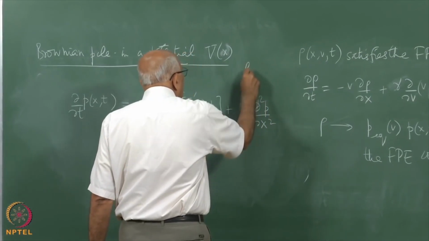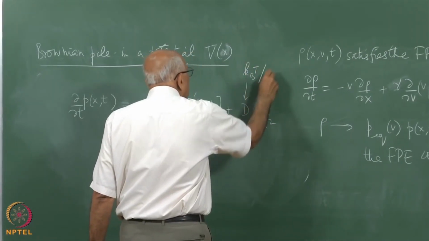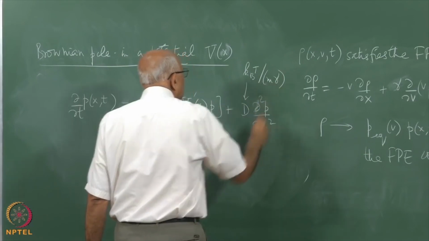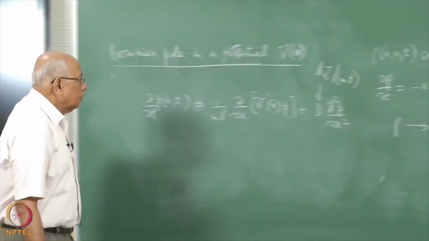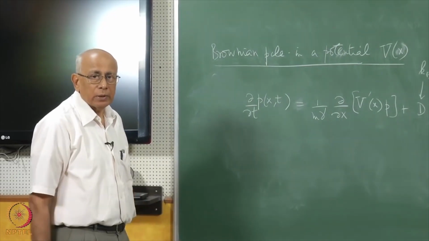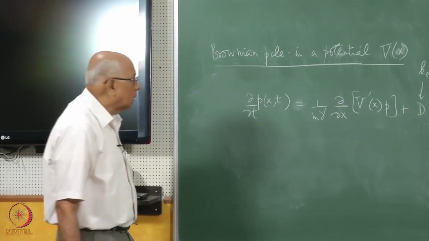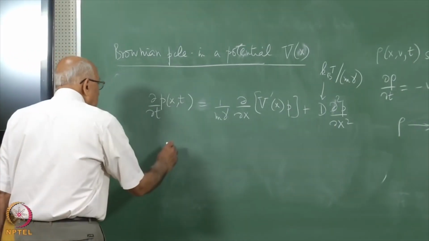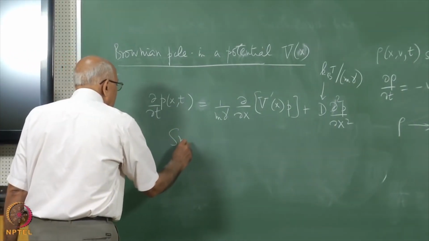This is as before k Boltzmann T over m. That is the Fokker-Planck equation. This equation is called the Smoluchowski equation.